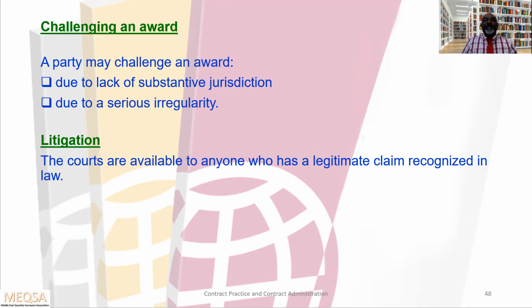If litigation is mentioned in the particular conditions, you cannot go to arbitration; you have to go to litigation. But before going to litigation, they will ask, did you try to settle amicably or not? The judge or courts will question like that.